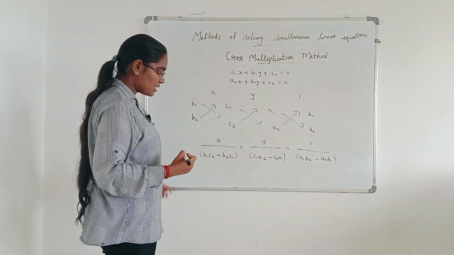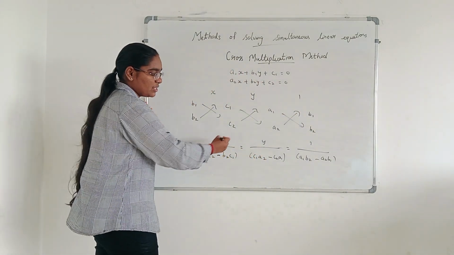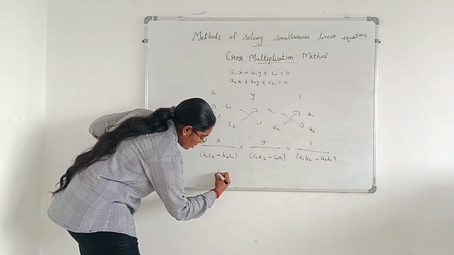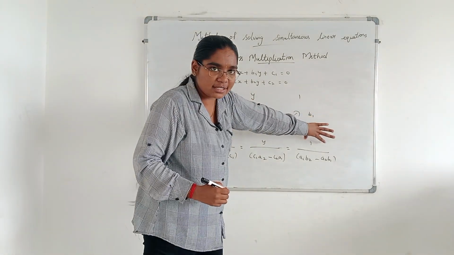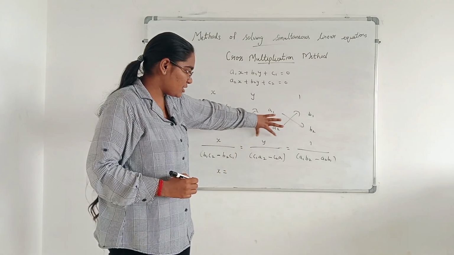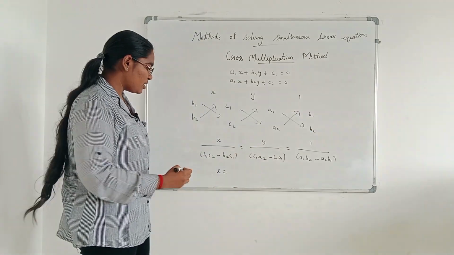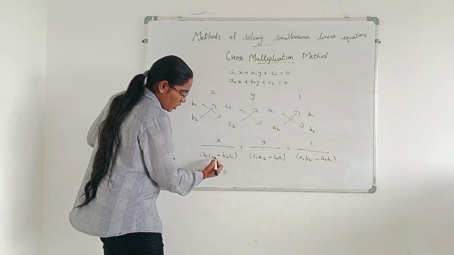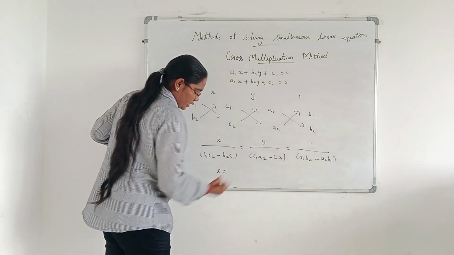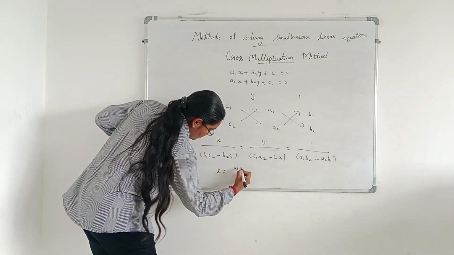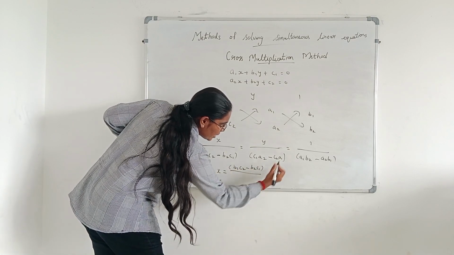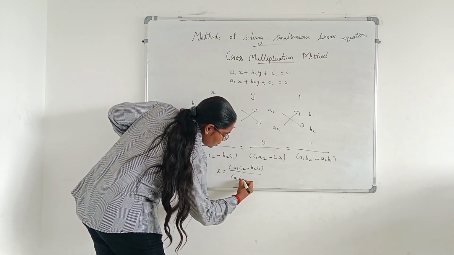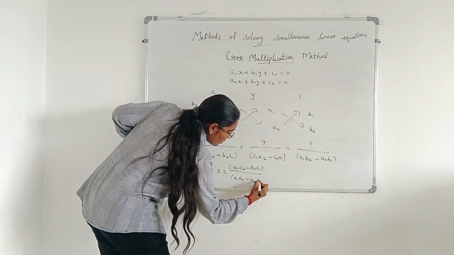Right. Next finally we are finding the values of x and y. How? x equal to, we are comparing this x with this constant. In a similar way we are comparing this y with this constant. Okay, so x equal to whatever is in the denominator you should write in the numerator. So b1 c2 minus b2 c1 divided by a1 b2 minus a2 b1.